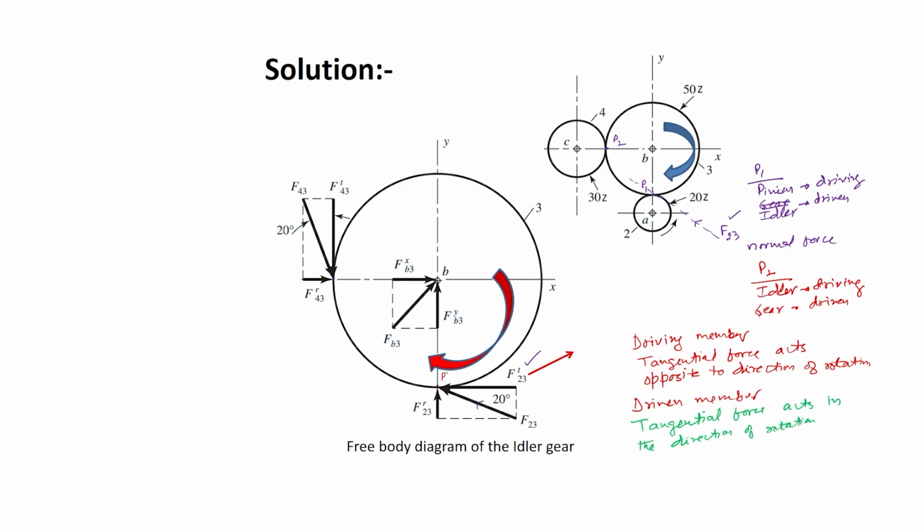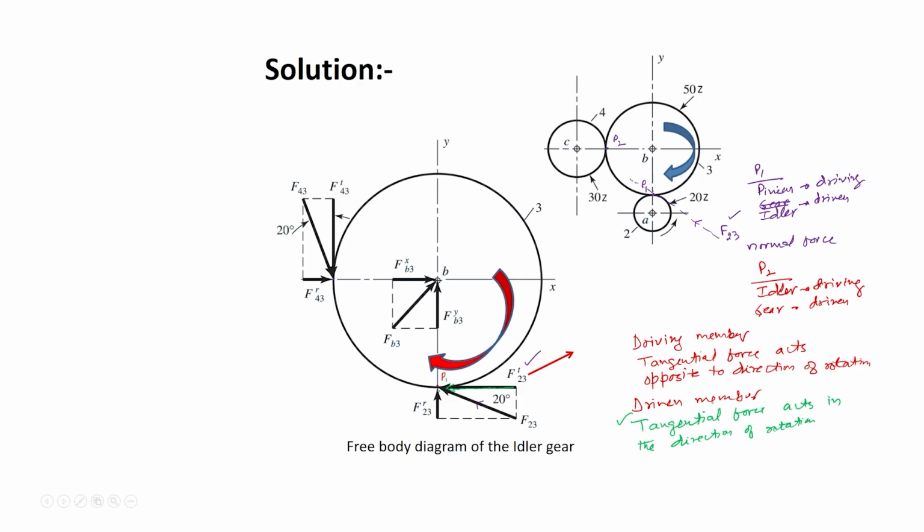Now, at the pitch point P1, the idler is the driven member and the pinion is the driving member. Okay. And so, the tangential force will act in the direction of rotation. The direction of rotation is shown by the red arrow, and so the tangential force will act in the direction of rotation of the idler.